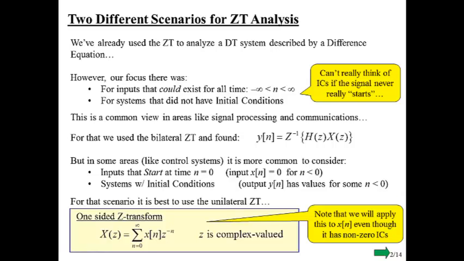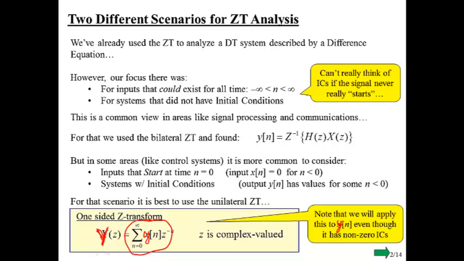So here I'm showing it with x(n), but we could just as easily have y(n), and I think I'll probably modify the slides before I post them to really put y's here, because it's really on the output side where we have this distinction. So what we're doing here is we're including in the sum only the parts that are occurring after we start to apply the signal, and we do not include the initial conditions.